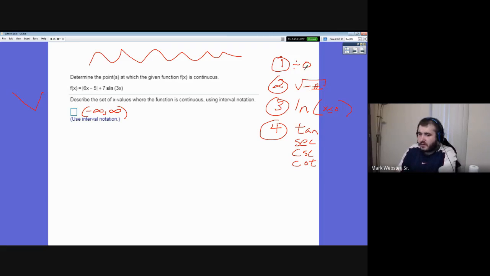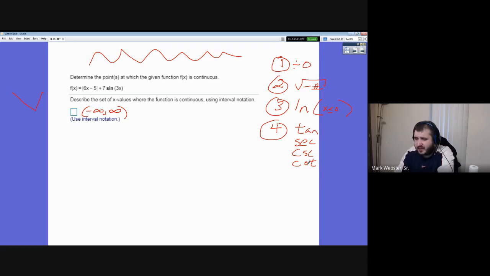If you don't have a variable in a denominator, if you don't have a square root, if you don't have a logarithm, and you don't have tangent, secant, cosecant, or cotangent, those are the only possible situations where you're going to have a continuity break with a function like they wrote here.